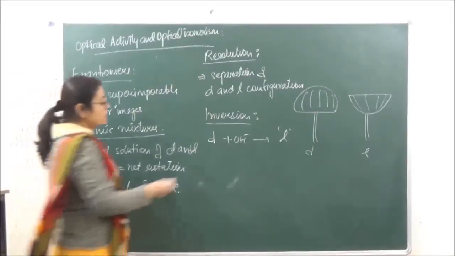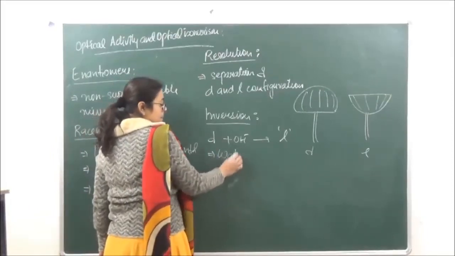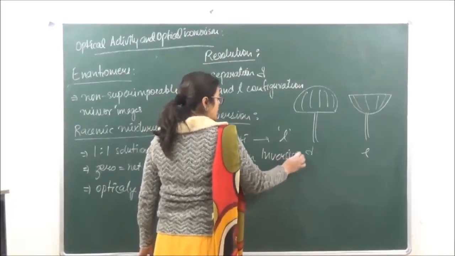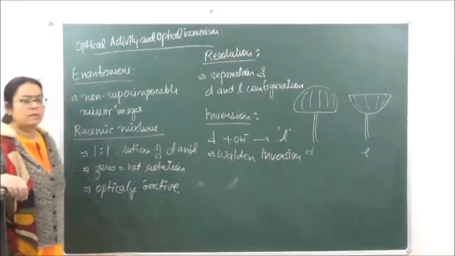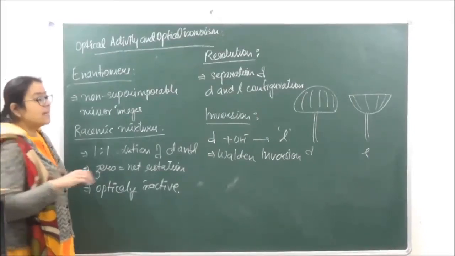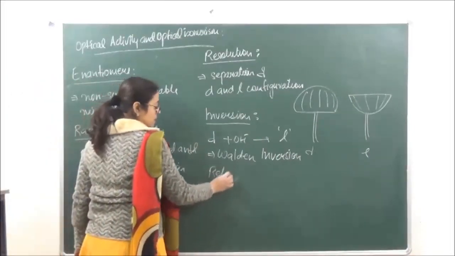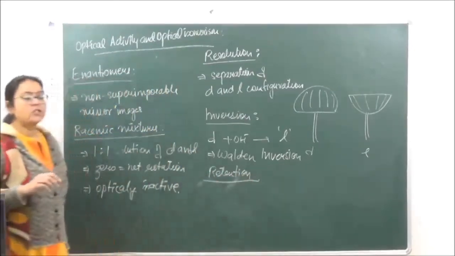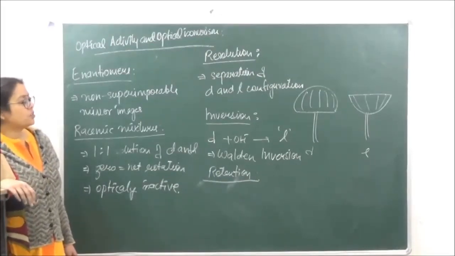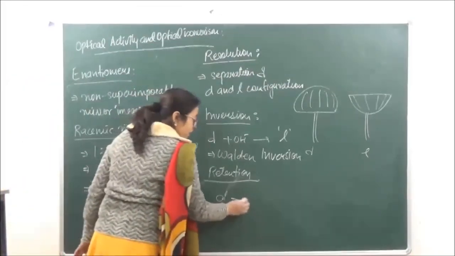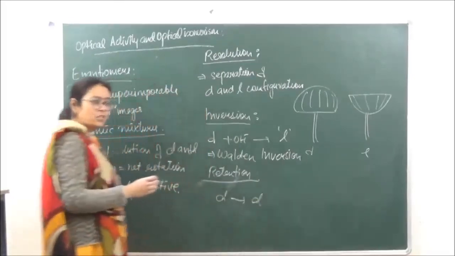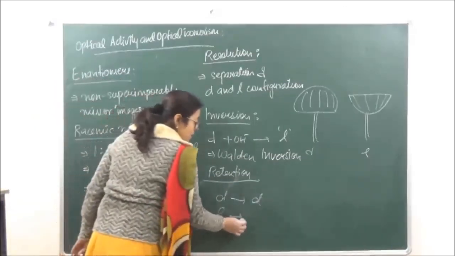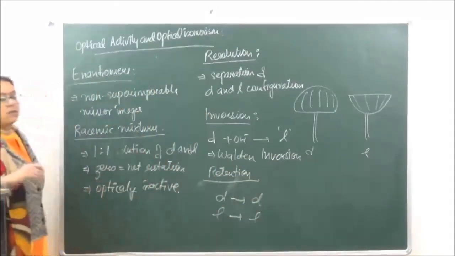And after the name of the scientist, it is more commonly known as Walden inversion. Right? The next we have is retention of configuration. Retention of configuration means that D is going to remain D after the reaction. It is going to retain its configuration, and L will remain as L after the reaction.